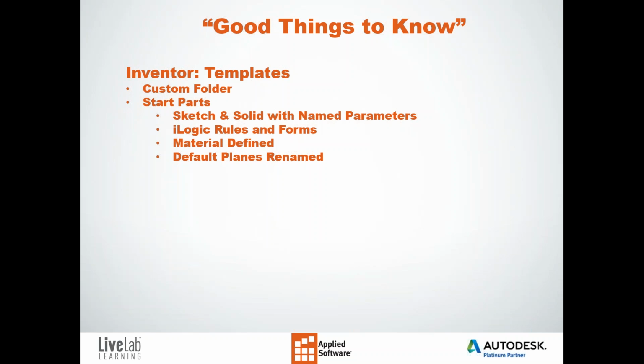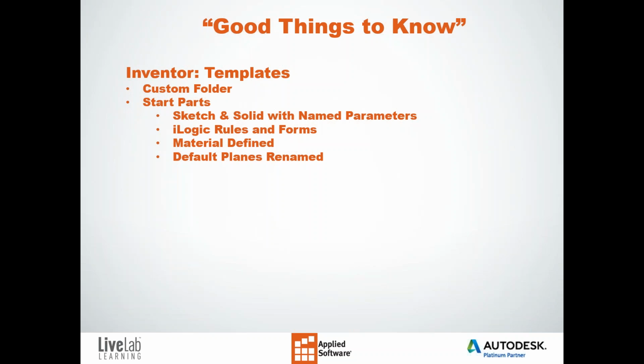Then when you pick that template, you immediately go and pick the form, type in the values, select the material if it needs to change, and then you're ready to go. You're taking several steps out of the process of creating a new part or a common part.